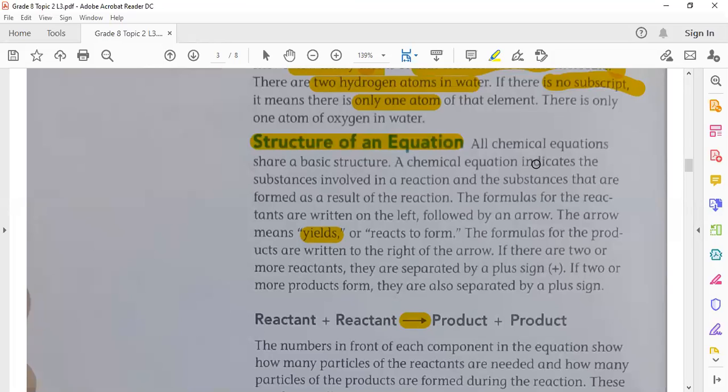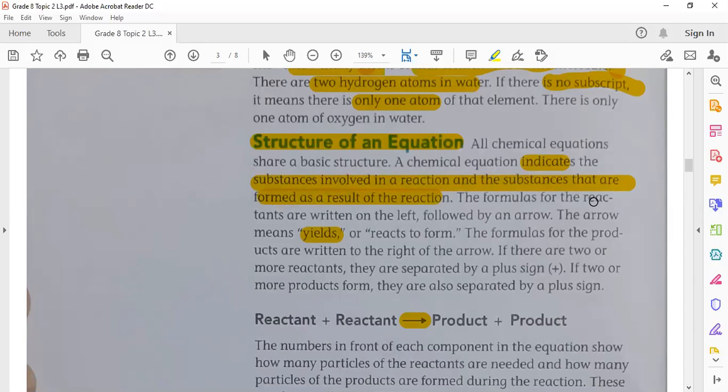A chemical equation indicates the substances involved in a reaction and the substances that are formed as a result of the reaction. In any chemical equation, you must show the substances involved in the reaction and the substances formed.